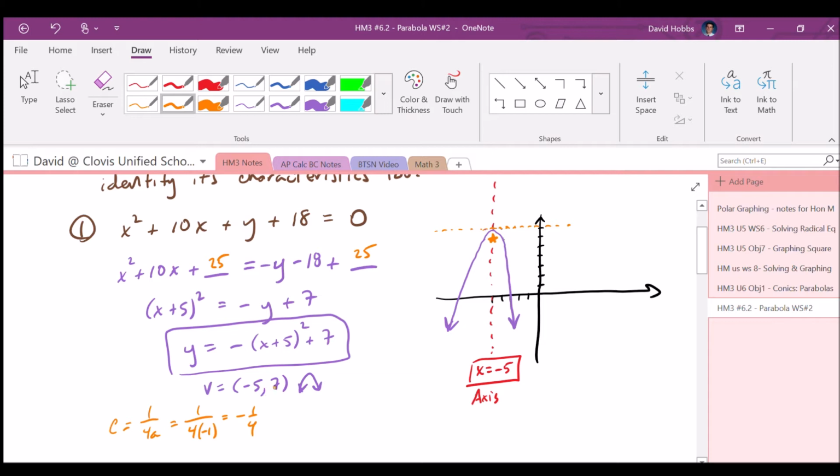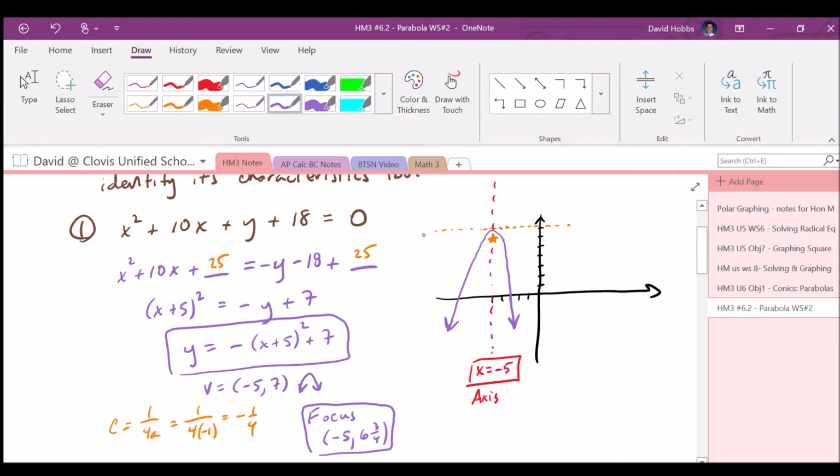The 7 changed. It went down a 4th. So my focus is at negative 5, and then 7 down a 4th would be 6 and 3/4. I'm fine with a mixed number. If you instead want negative 5, comma 27/4, I'm fine with that too.